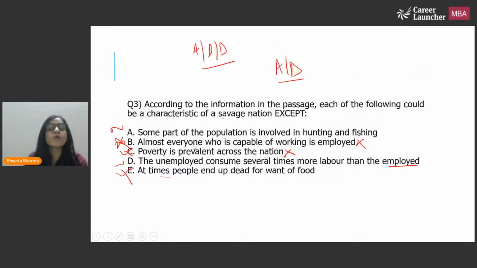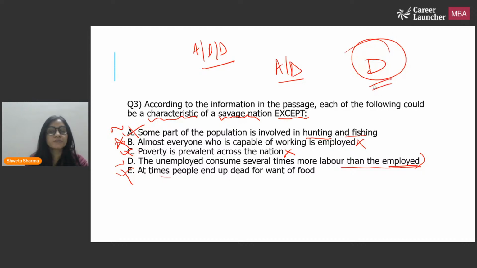They cannot actually go out. For them also there is some profession involved in hunting and fishing. So can we keep it as a profession here? Yes, and that's not my answer. So what I'm left with is unemployed consumes several times more labor than the employed. D is the correct answer because I'm looking for a feature or characteristic which is not supportive of that savage nation. So the answer is D.